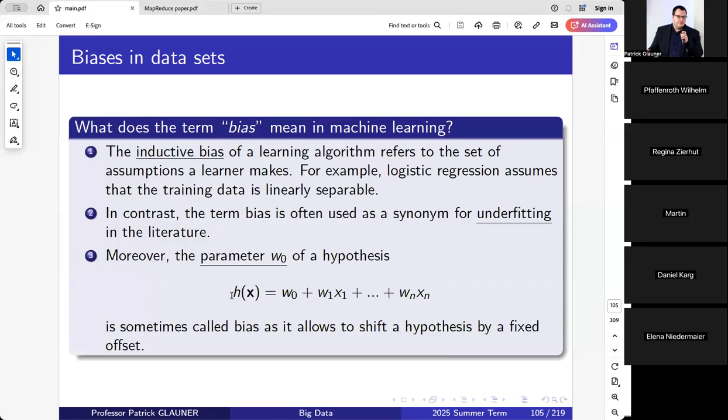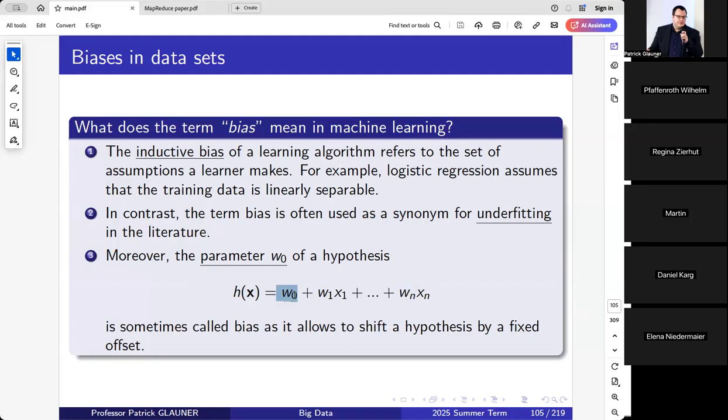If you have a hypothesis, something like this, we make a prediction based on our parameters and the inputs. From X, we have the inputs, X1 up to Xn, and we have our weights, our parameters in the statistical model.